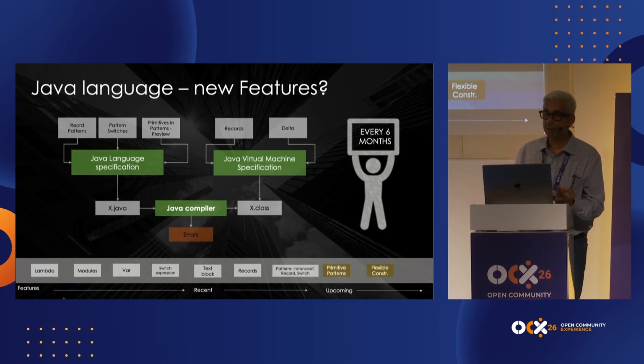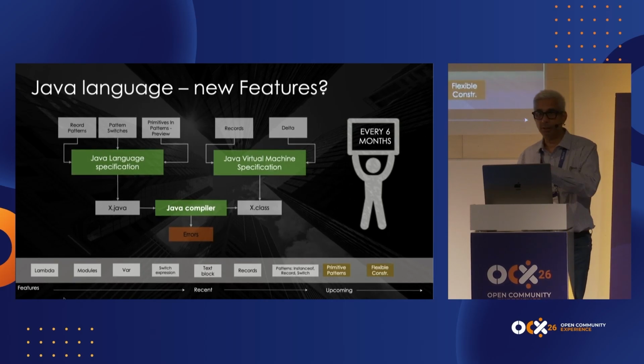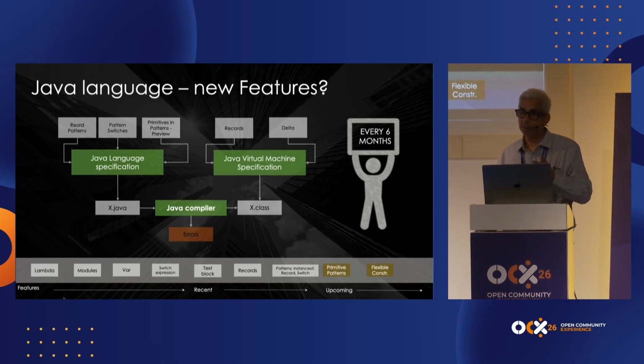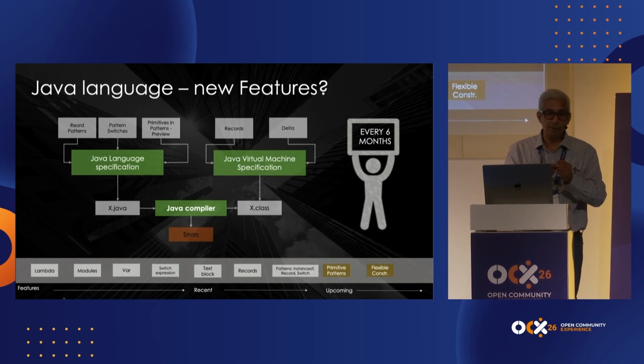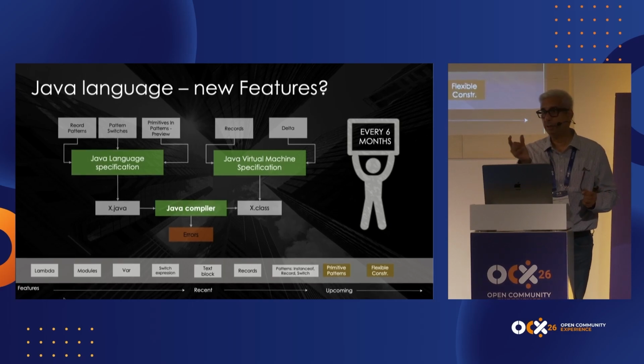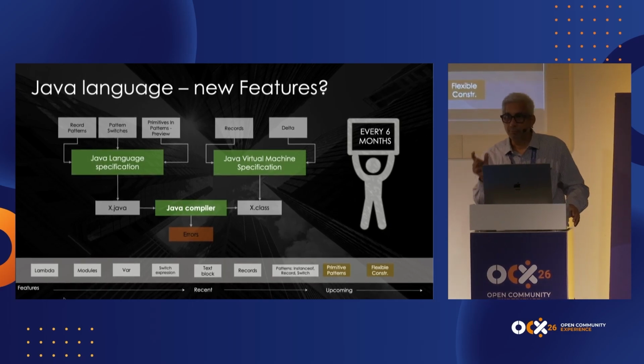Prior to Lambda in Java 8, we had the invokedynamic instruction that had come in the virtual machine in Java 7, but the Lambda came in Java 8, and we had the changes there. We had records, and records was primarily a language specification feature, but it had one small addition in the virtual machine specification. We had to emit code saying that it's a record.